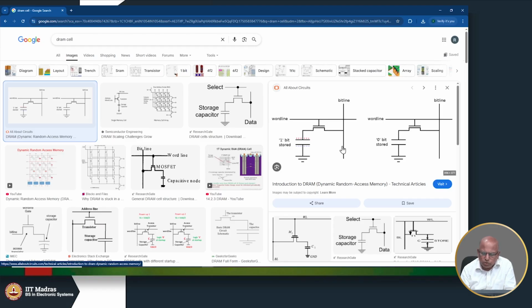So there is a need to refresh the DRAM cells. Periodically you should refresh the content of the DRAM cells.